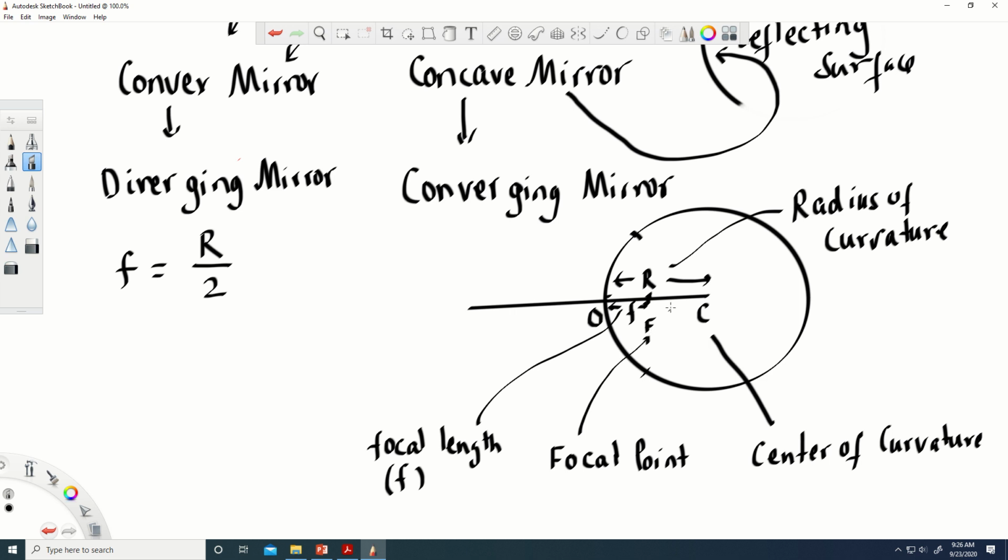Now I can draw the same length on this side also. C would be at distance r from O, and halfway between C and O would be F, the focal point. And the distance between F and O would be small f. That's the focal length.